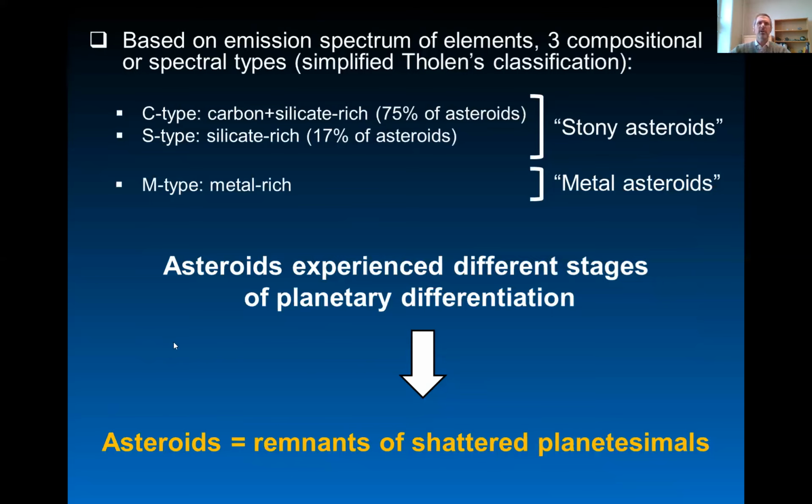Again, from the information we have about asteroids, we think they experienced different stages of planetary differentiation. Some of them could represent crust and mantle of planets. Some of them could represent cores of planets. And we believe they are remnants of shattered planetesimals.